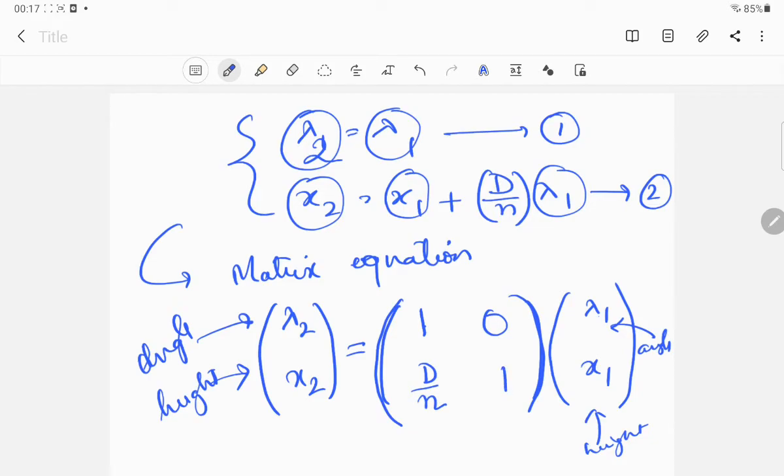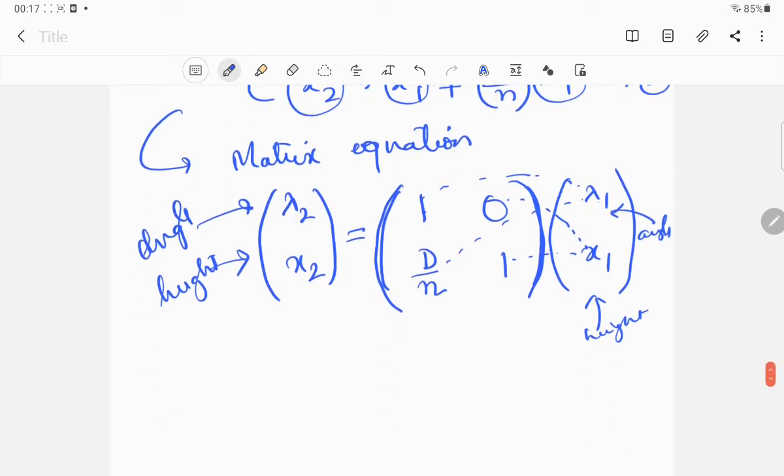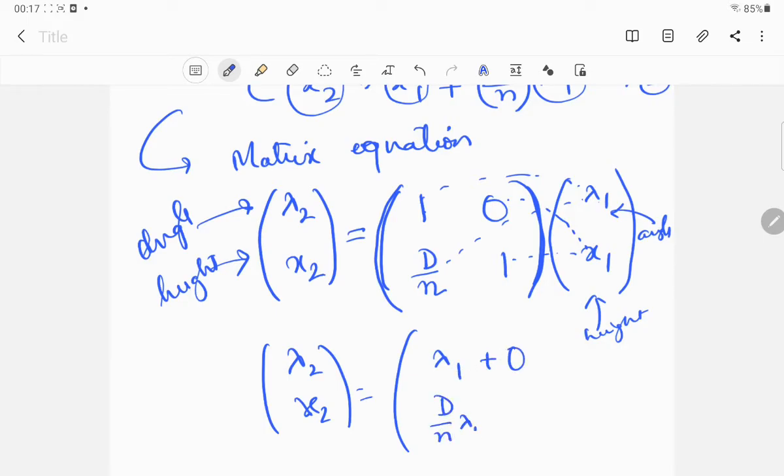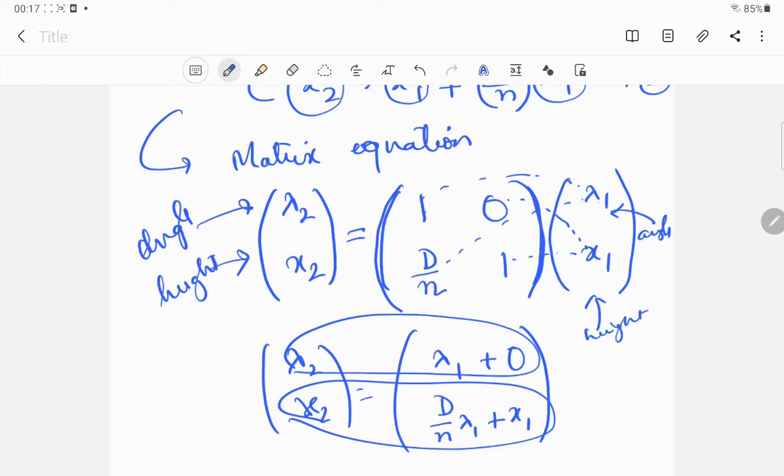So d by n into lambda 1 and 1 into x1. So ultimately we will have lambda 2 x2 is equal to lambda 1 plus 0, d by n lambda 1 plus x1. So these elements are equal. Okay, we are just doing the reverse.